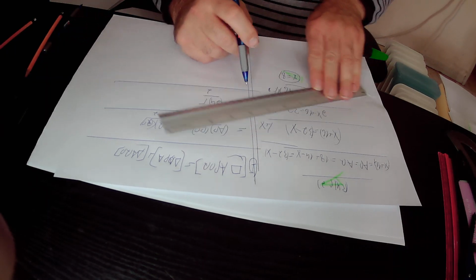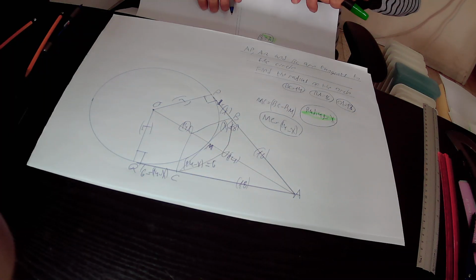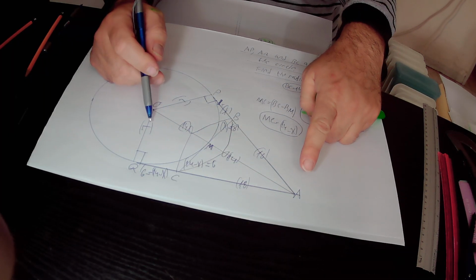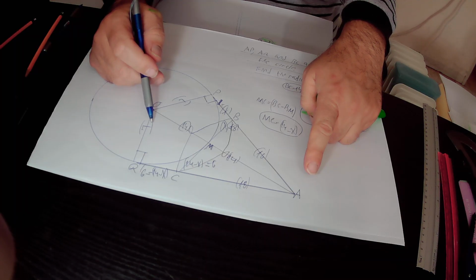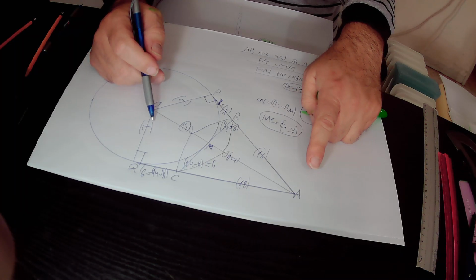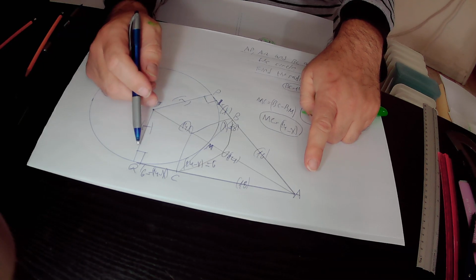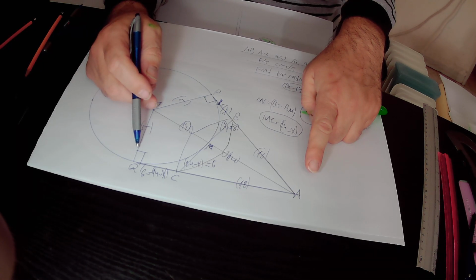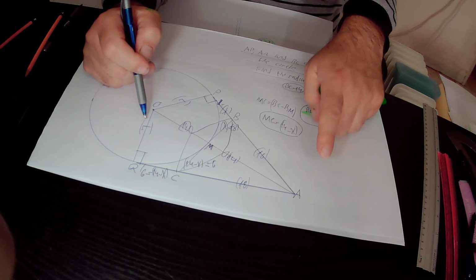Plus the area of the second component that quadrilateral APOQ consists of, the area of this lower right triangle AOQ. The area of this right triangle AOQ equals the base AQ. AQ is 18 plus 6, that is 24, times the height QO, that is R, over 2.